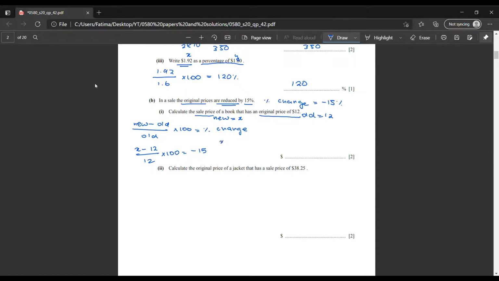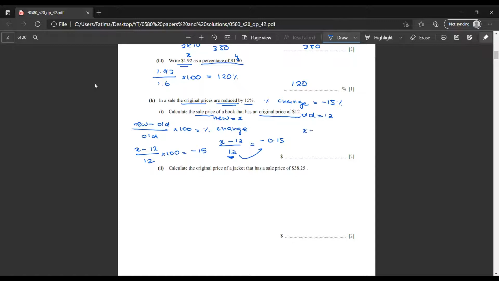That actually means x minus 12 upon 12 is equal to negative 0.15. So negative 0.15 into 12. The reason I'm doing into 12 is because on the left hand side this is division, so when you take it to the right hand side you have to multiply it.